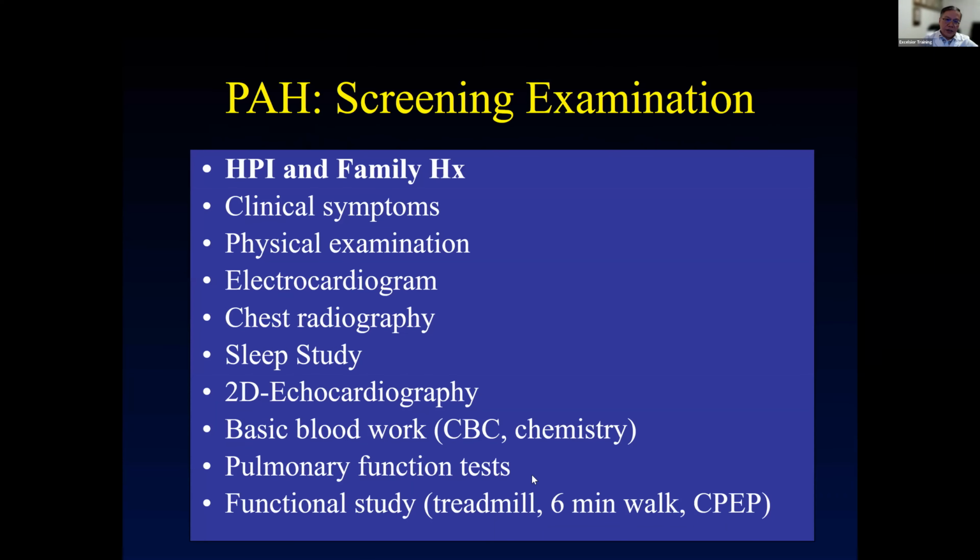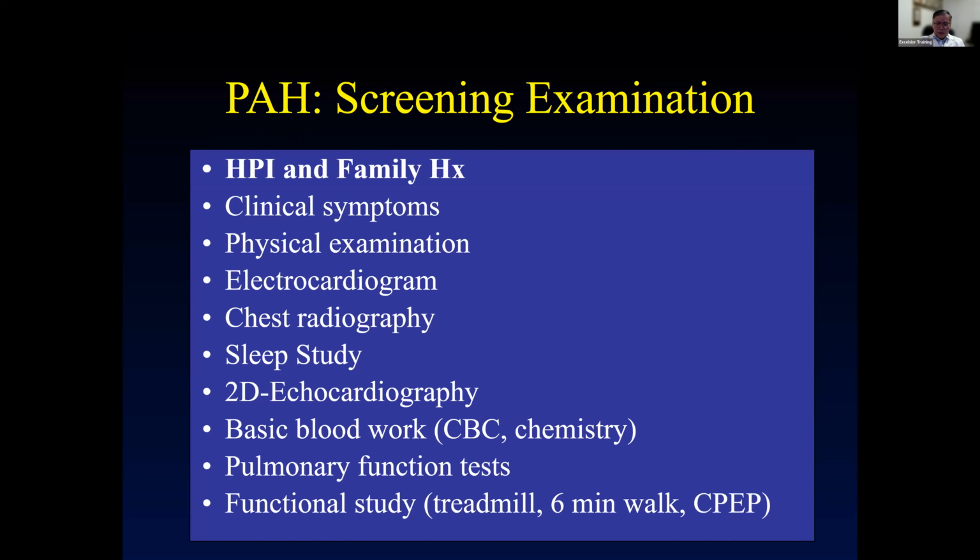And as I said, a lot of the diagnoses belong to the pulmonologist and cardiologist. So a typical screening exam would include EKG, chest X-ray, sleep study. Sleep apnea can lead to pulmonary hypertension due to chronic hypoxemia.